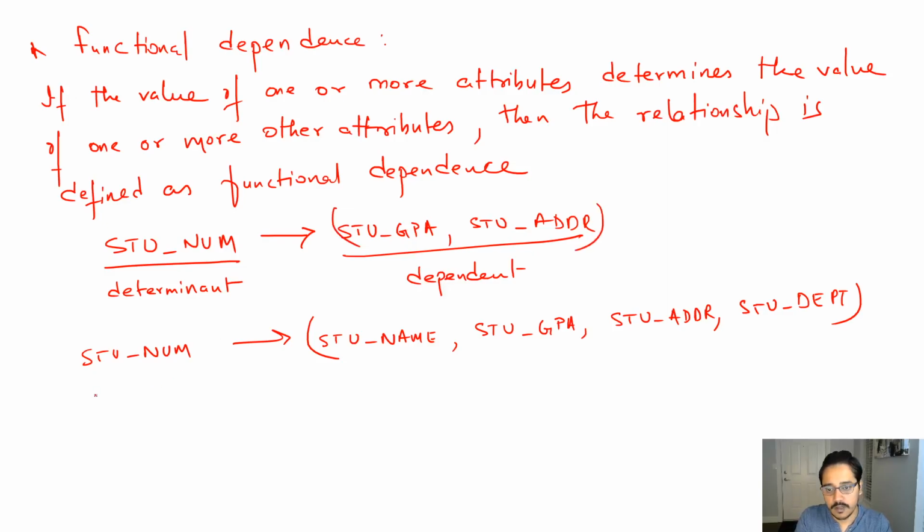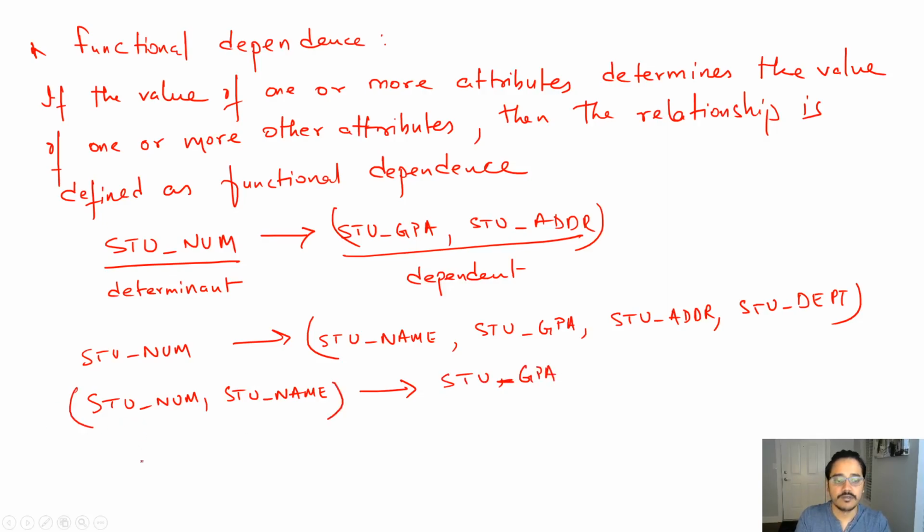Again, student number and student name can functionally determine the value of student GPA. Okay, so this is also an example of functional dependence within the table. Okay, so you have to keep in mind.